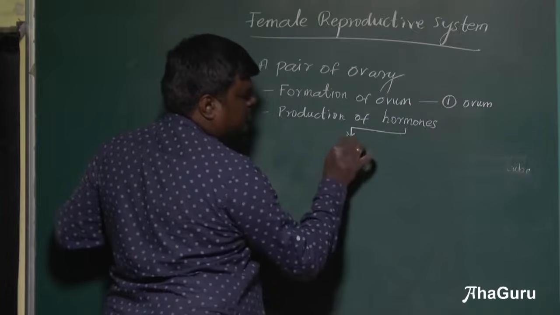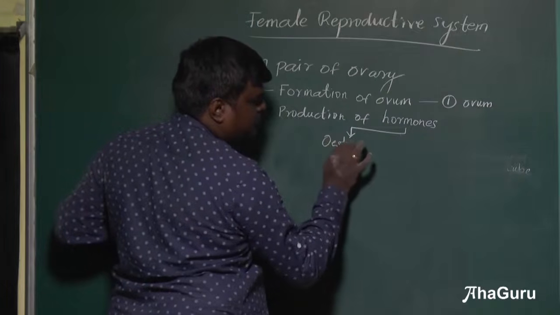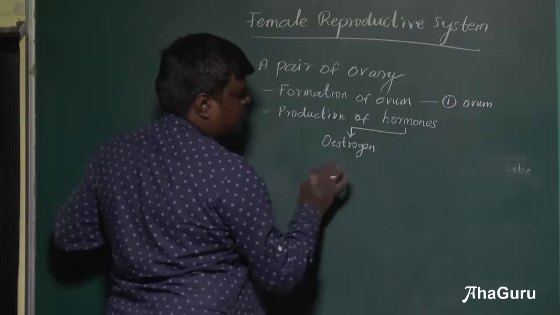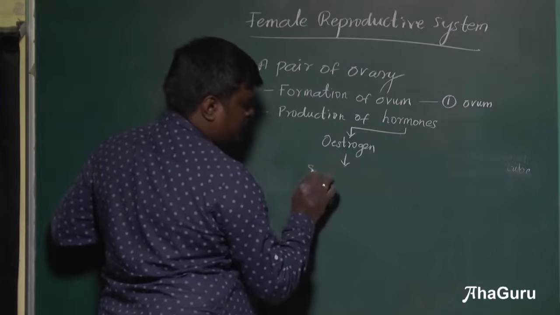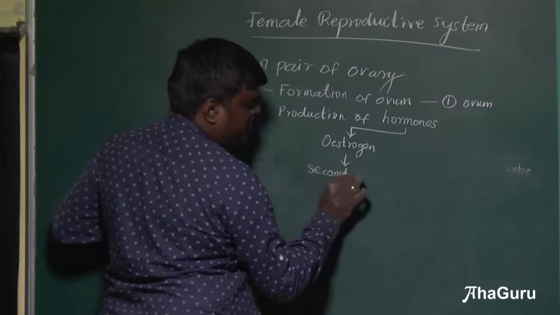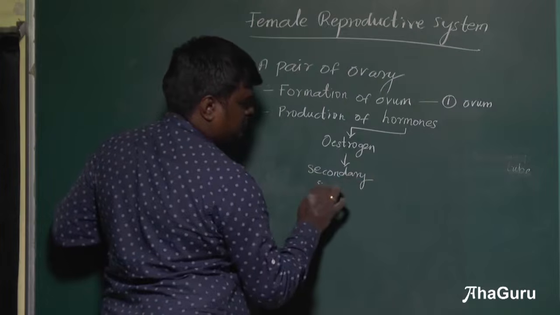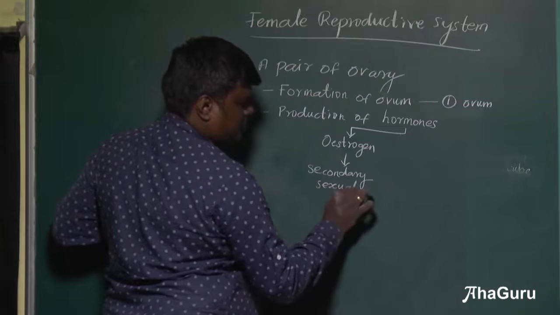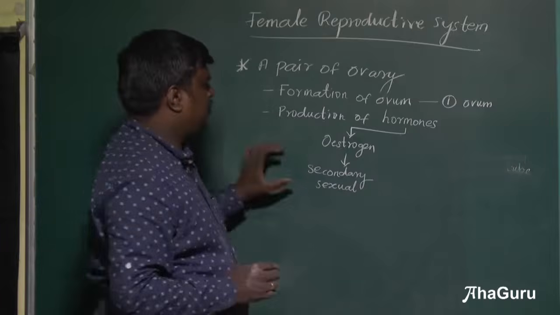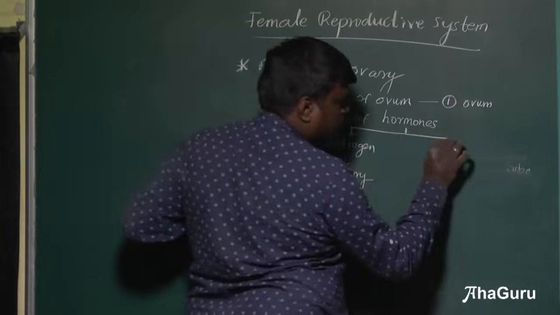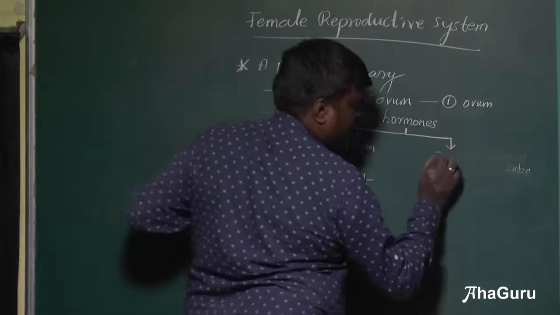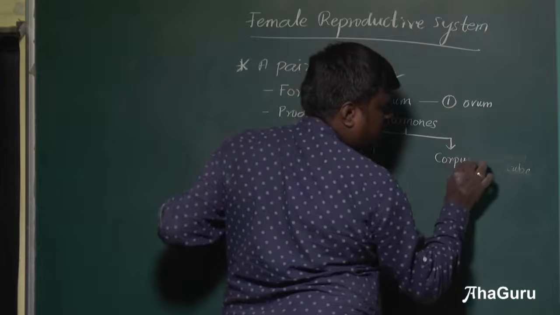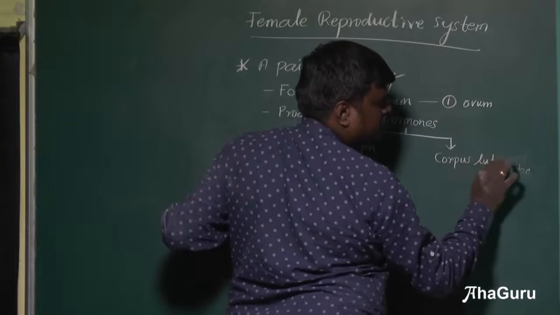One is the estrogen, which controls the secondary sexual characteristics. The other hormone is produced by a structure called corpus luteum.